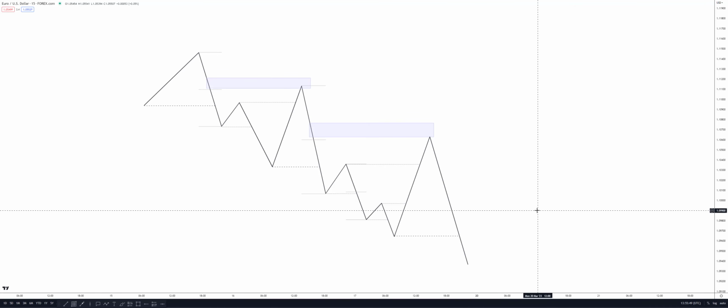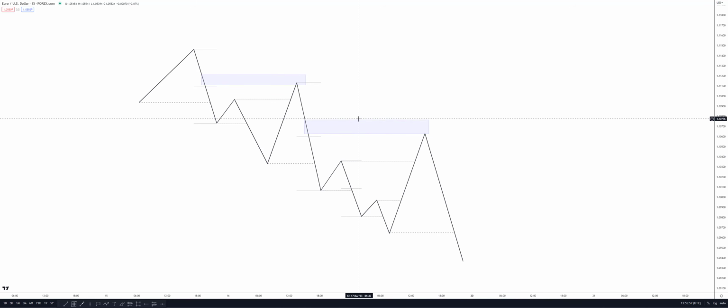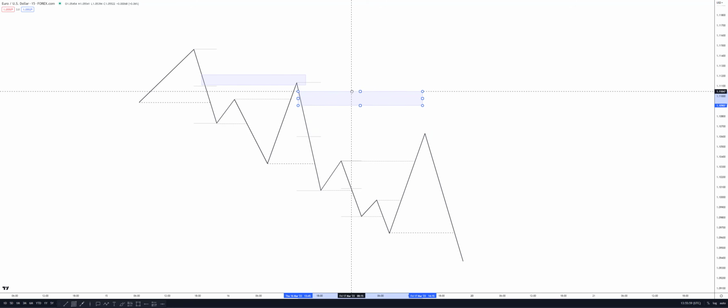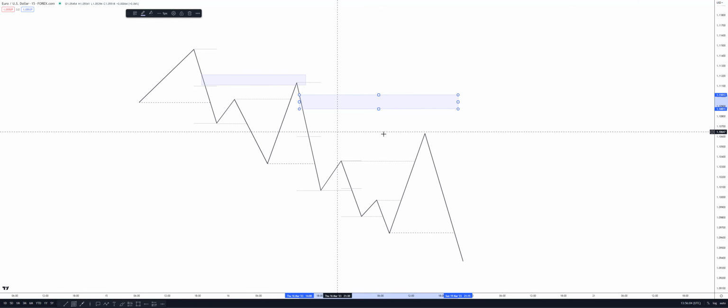Now, what you may get is perhaps a zone up here, and then price just taps into the premium, but it taps air, or imbalance, or something like that.